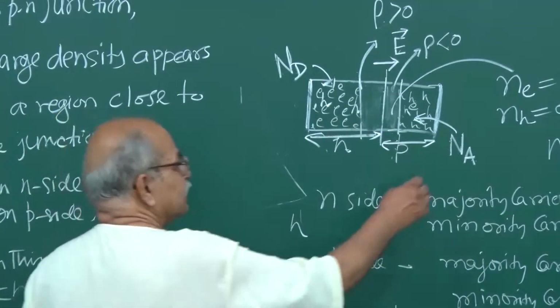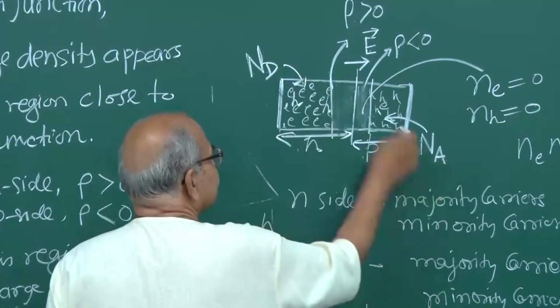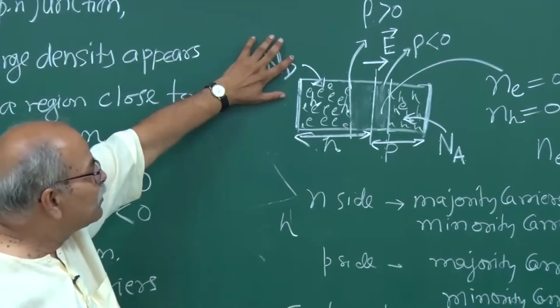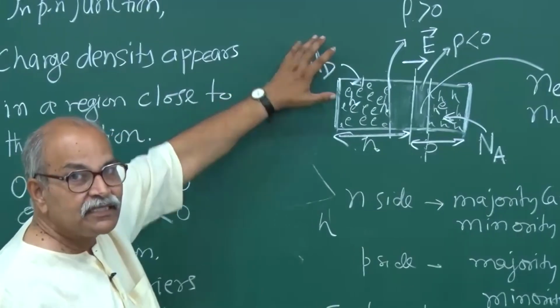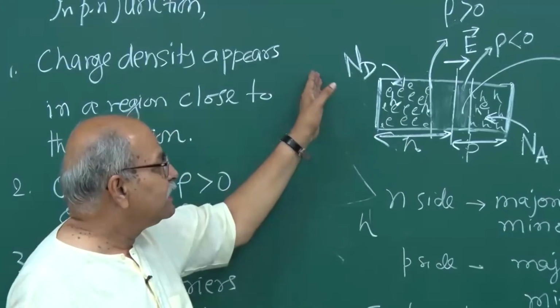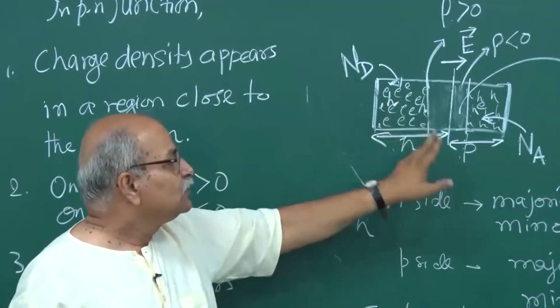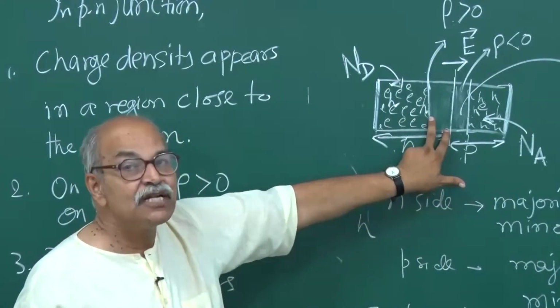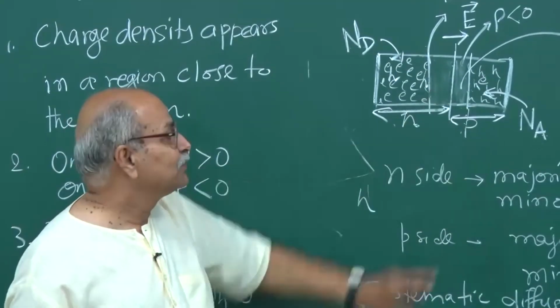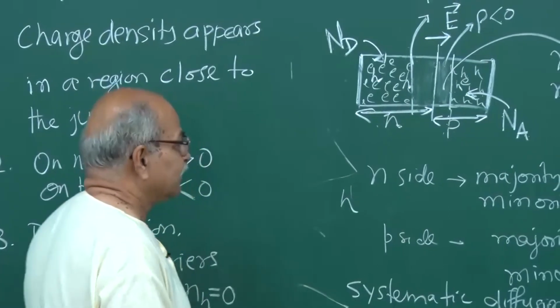Na and Nd will decide this. The larger the impurity doping concentration, the smaller will be the width. So, if Na and Nd are not equal, you can have unequal widths on the two sides of the junction. So, those are the things.